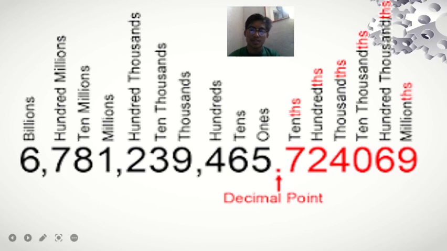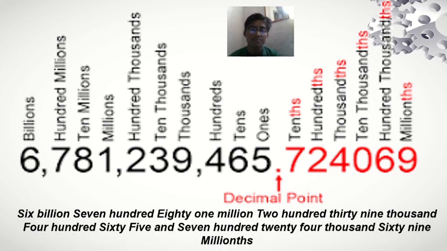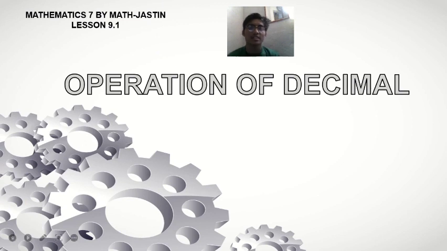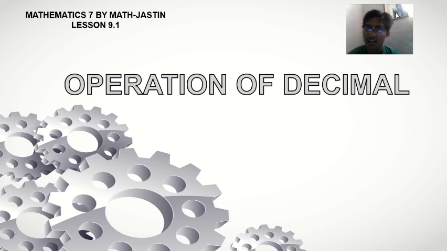So this means it reads as 6,781,239,465 and 724,069 millions. That's how we read. Ang haba, di ba? So now, let us proceed in operation of decimals. This is just a recap.